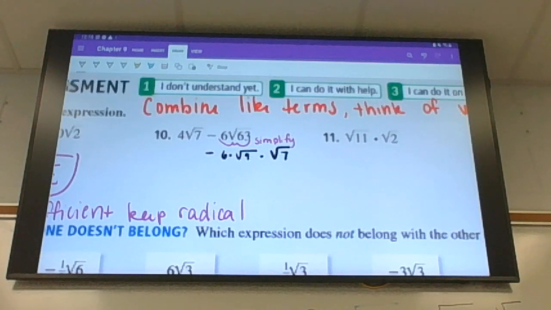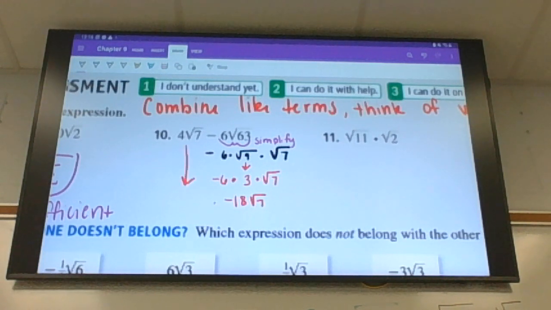All right, so the square root of 9 is 3. The 7 doesn't square root. There's a 6 in front. So we've changed the 9 to 3. And so this is now negative 18 square root 7.